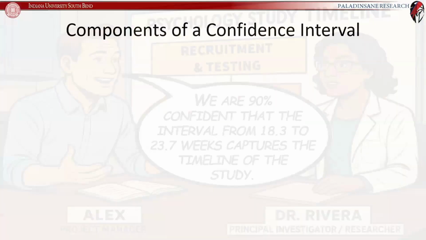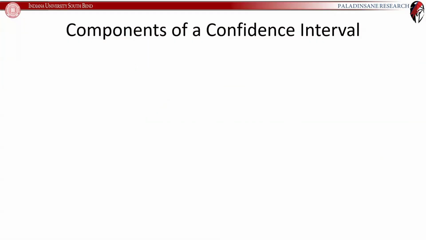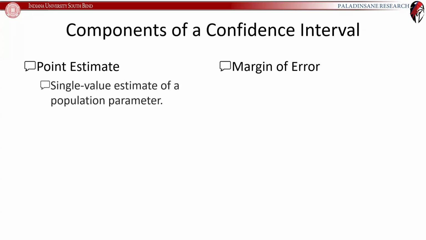So let's unpack what a confidence interval is actually made of. A confidence interval is made of two things. It's made of your point estimate, and then it's made of your margin of error. And your point estimate is a single value estimate of a population parameter.